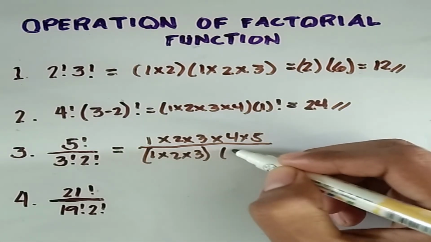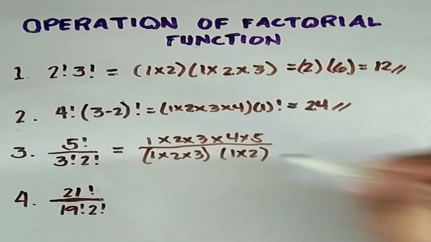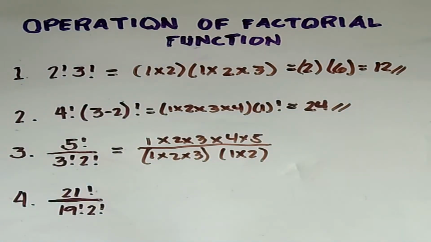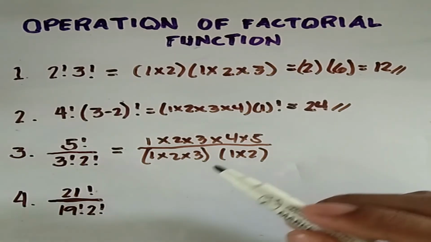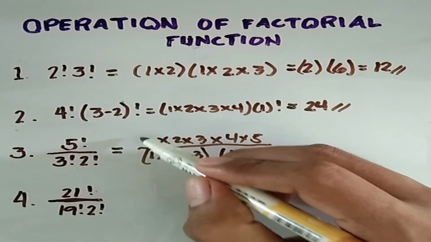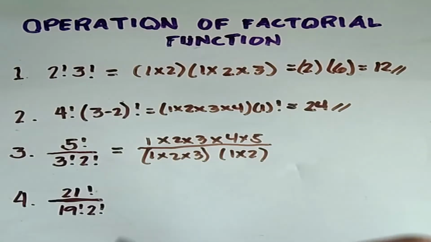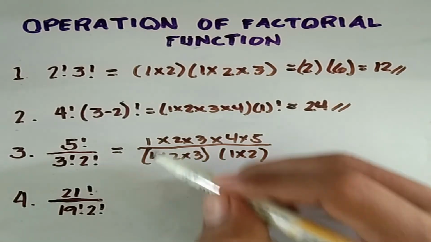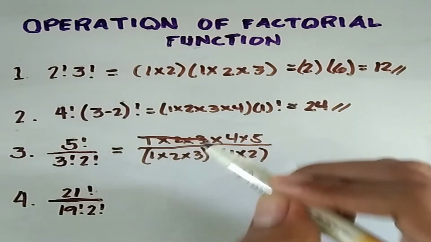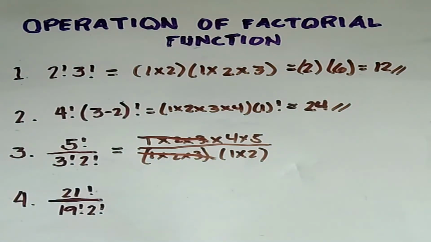And 2 factorial is 1 times 2. Now, we will not multiply the numerator and the denominator. We will cancel out this 1 times 2 times 3. So, we cancel out this to lessen our process of solving.